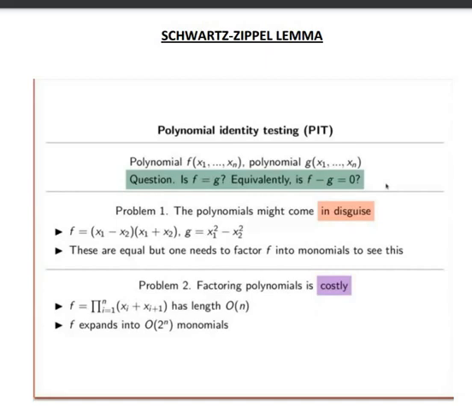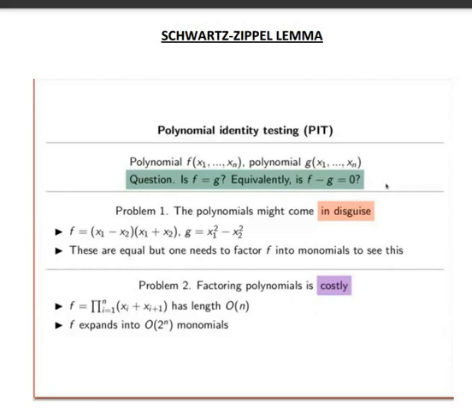Factorization is certainly a process which you might not be able to do well. In this case, of course you can, but imagine a huge polynomial where you cannot do it. Regarding complexity also, factorizing polynomials is costly.